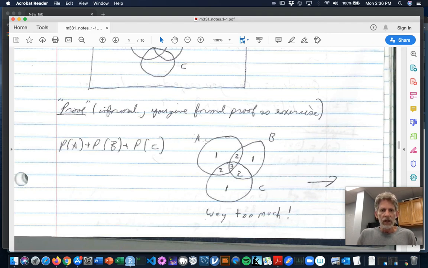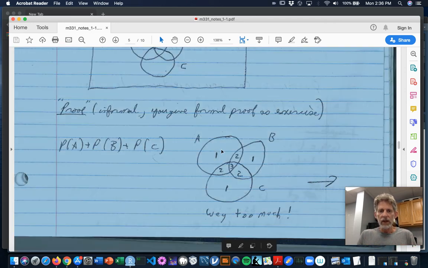Well, when you throw in A, throw in B, and throw in C, you are throwing in the stuff that's in A, but that's not in the other sets. That's the stuff over here that I'm labeling 1.